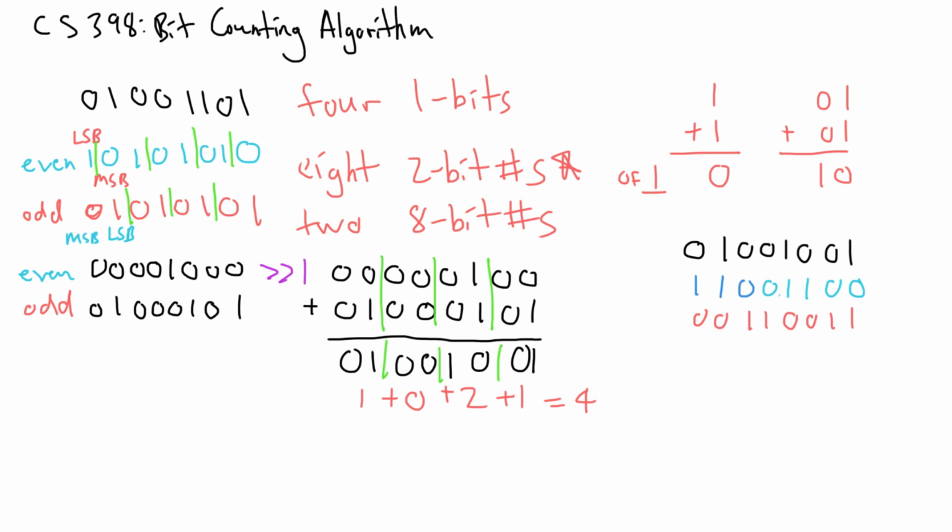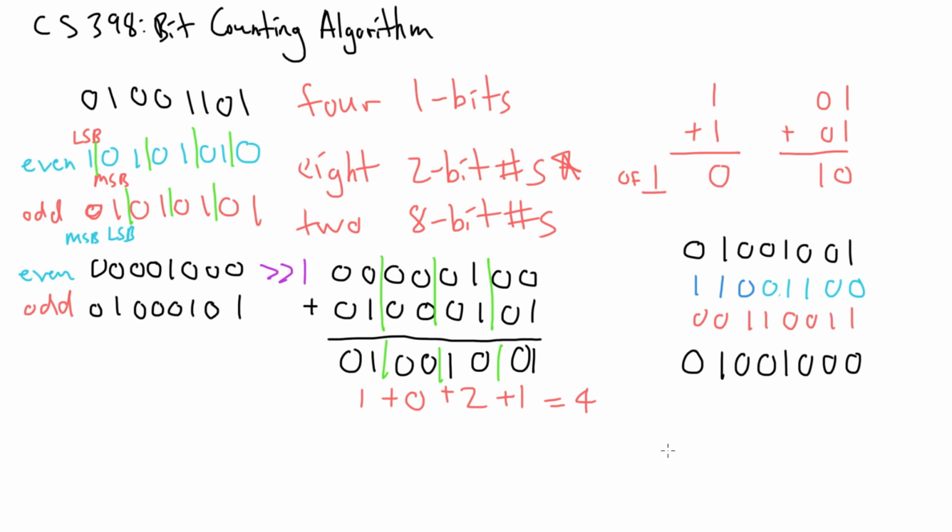Okay, so when I mask this black number with the blue mask, we're going to get 0 1 0 0 1 0 0 0.